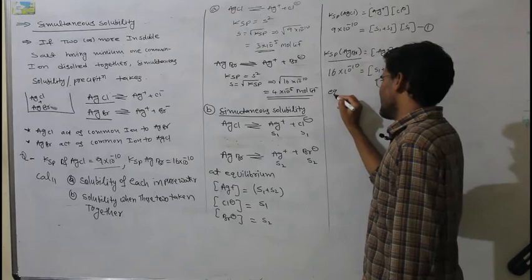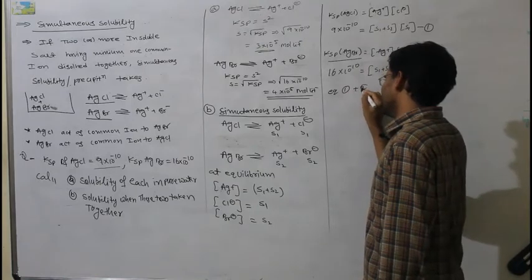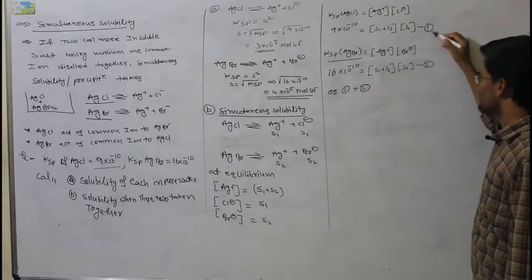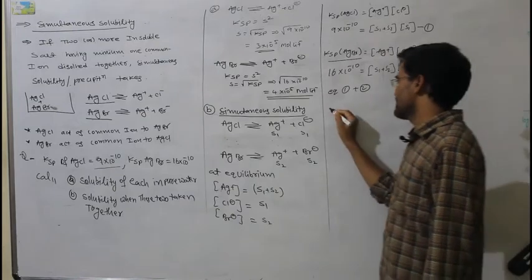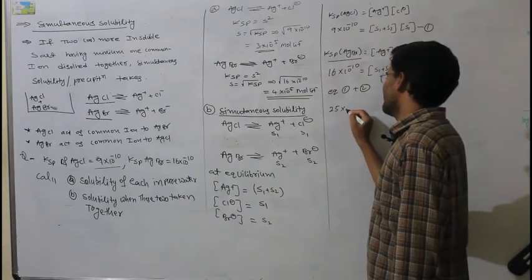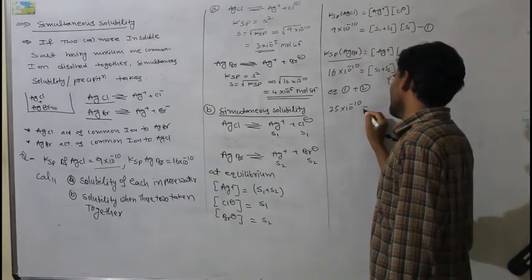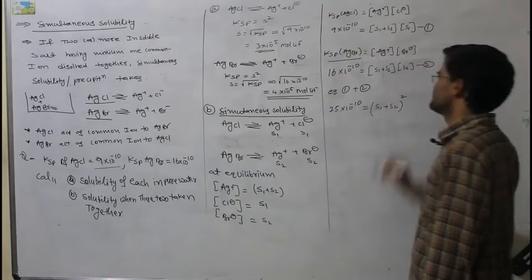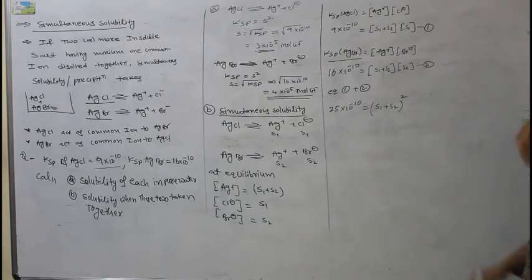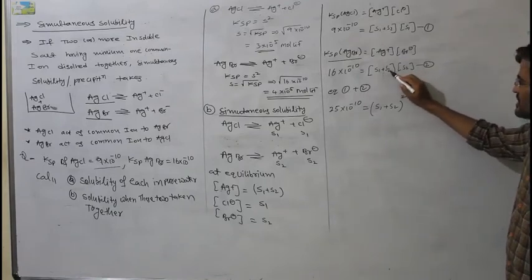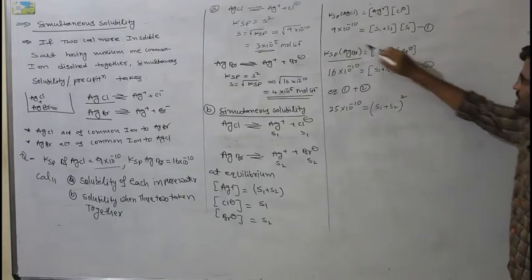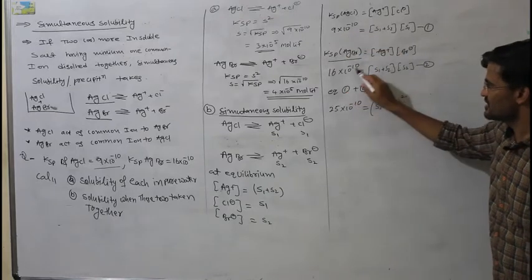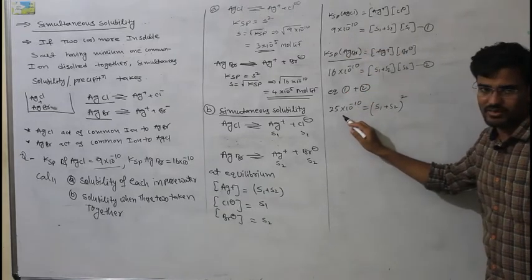So equation 1 plus 2 you do. When you add both equations, what does it become? 25 into 10 power minus 10 is equal to S1 plus S2 whole square. Try once, simplify. You add equation 1 and equation 2: 9 into 10 power minus 10 and 16 into 10 power minus 10 is 25 into 10 power minus 10.